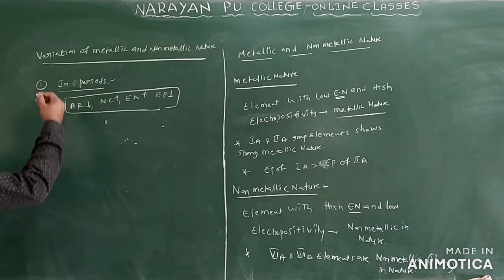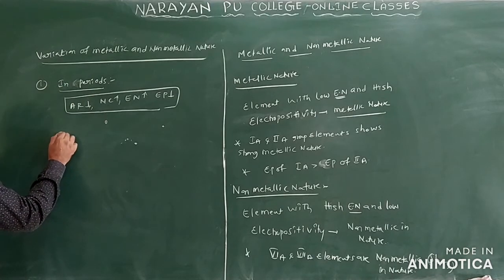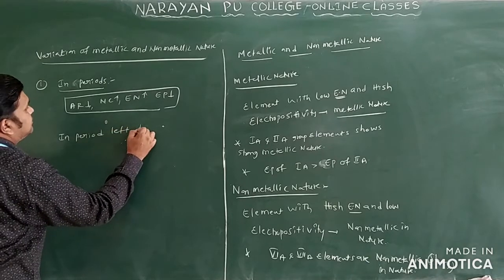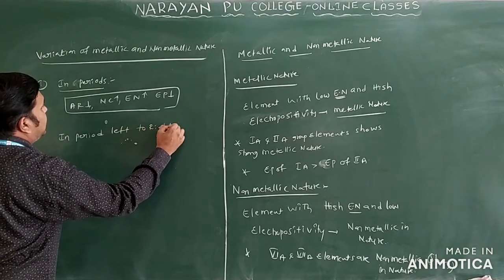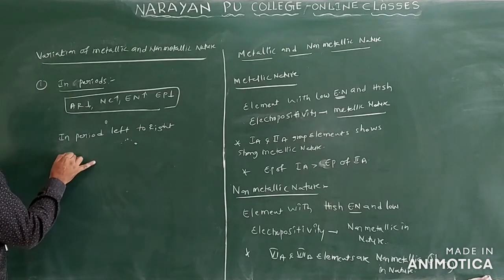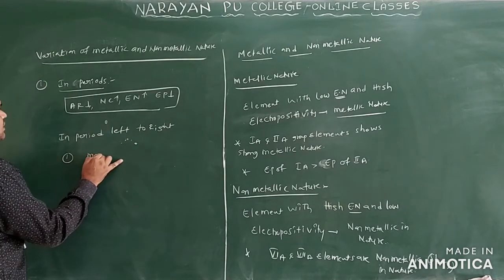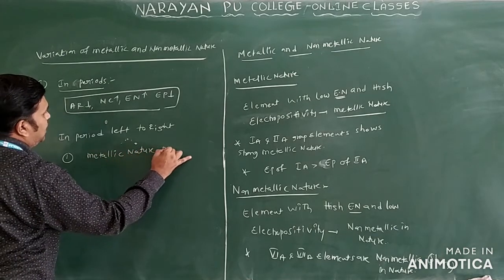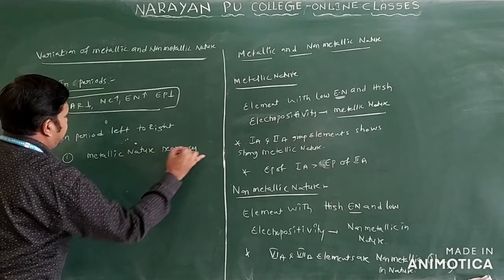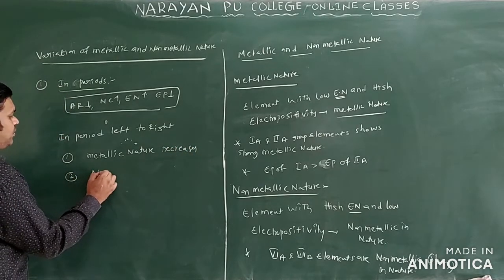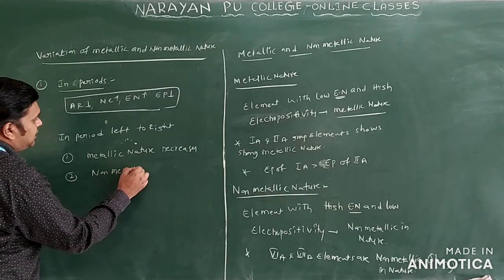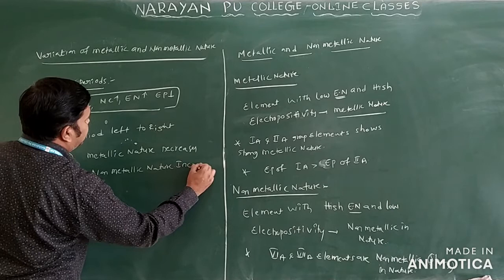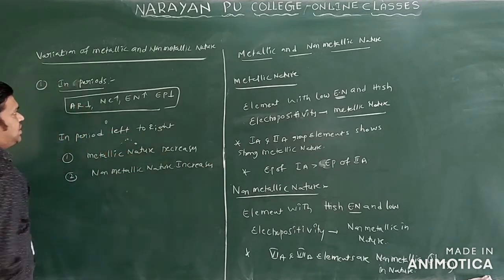If you take the metallic nature in periods, left to right, in a period left to right, metallic nature decreases, and non-metallic nature increases. These 2 points you can compare.